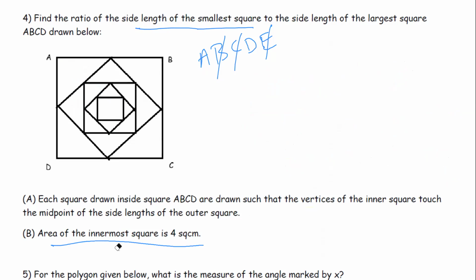But with the second information, the inner square is 4 square centimeters, the area of the inner square, but we don't know whether the vertices are touching the midpoints.